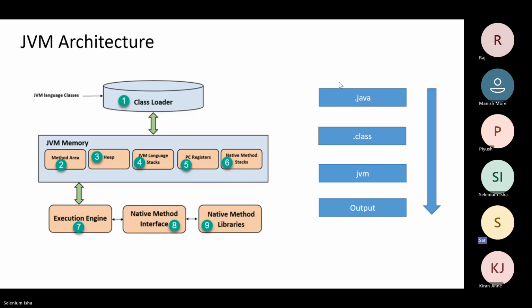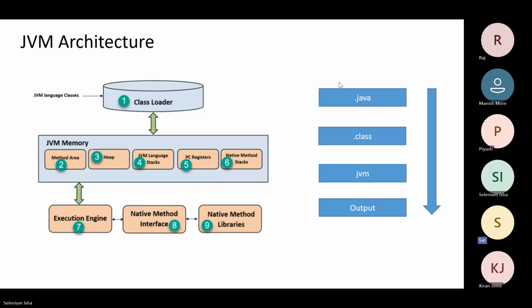The JVM memory is a very, very important component in your JVM. I keep saying it: in any engineering, your ultimate objective is to optimize your memory and optimize your CPU. That's a very basic goal of any engineering.